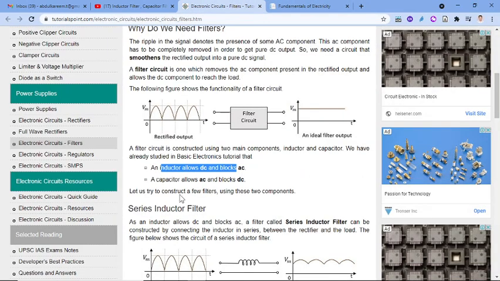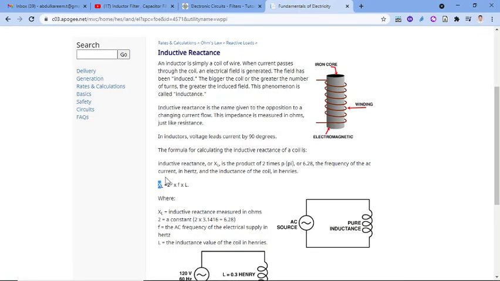Then the capacitor allows AC and blocks DC. In the case of capacitive reactance, XC is equal to 1 by 2 pi FC. If F is there, there is a negligible capacitive reactance, or as the frequency increases, the capacitive reactance decreases.